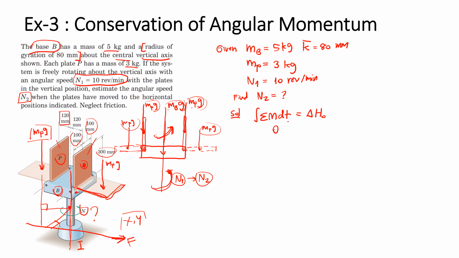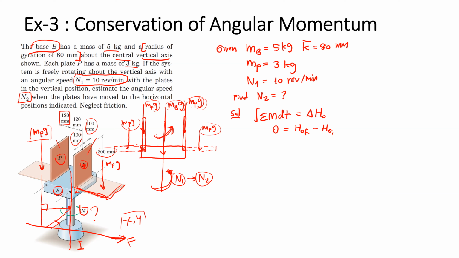The angular impulse in this case will be 0, and the angular momentum at the final state will equal the angular momentum at the initial state.